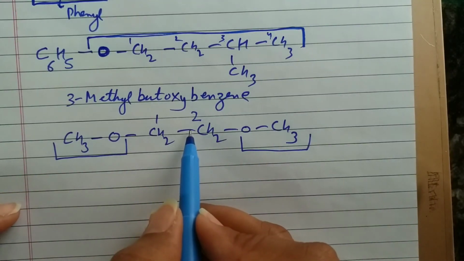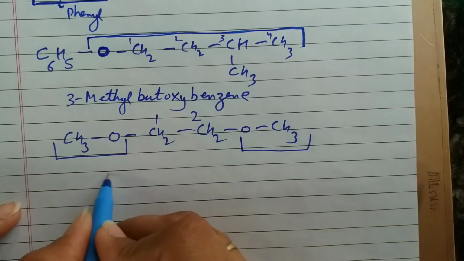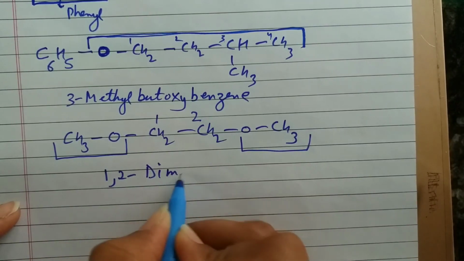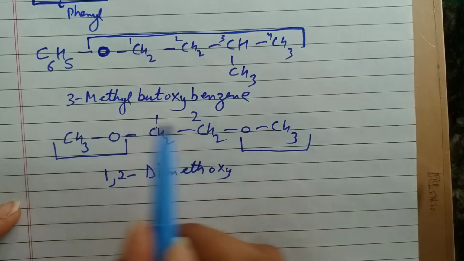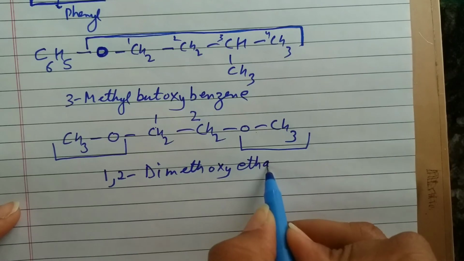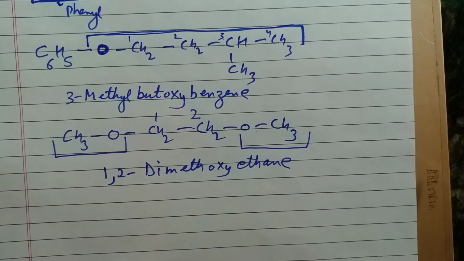First and second. So write the 2 alkoxy groups with their positions. So what will it be? 1, 2 dimethoxy, okay, 1, 2 dimethoxy, and with 2 carbon atoms, what is the alkane? The parent compound ethane. So 1, 2 dimethoxy ethane.